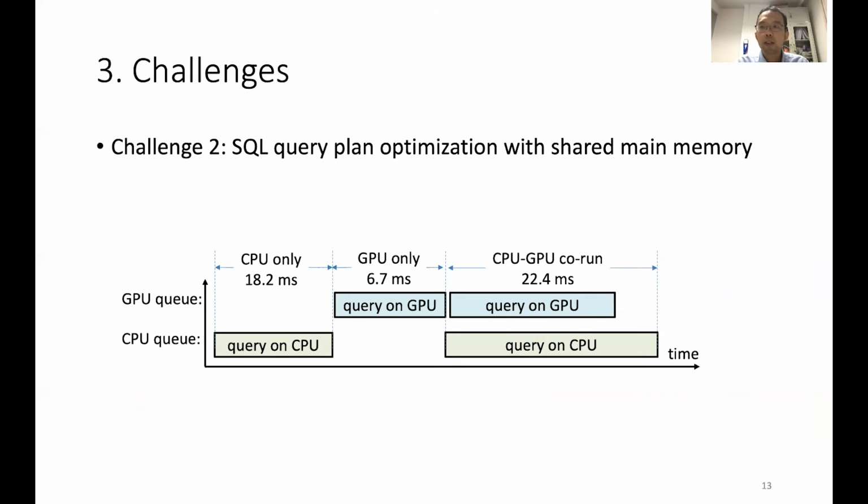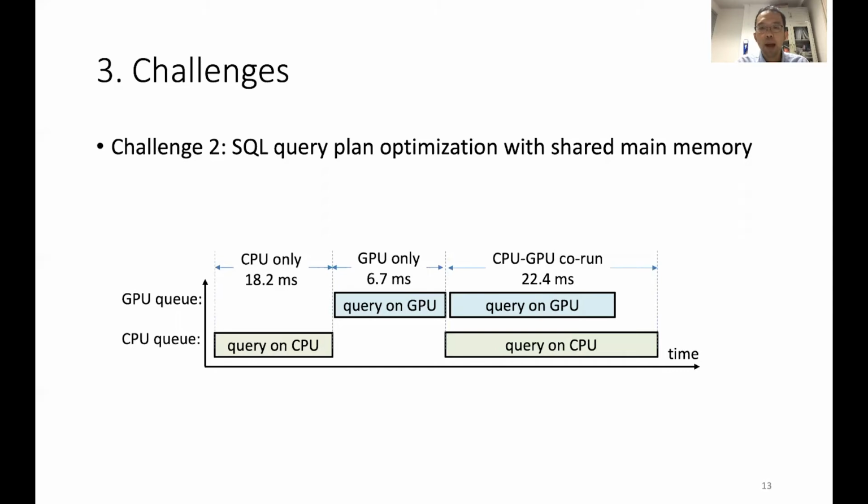The second challenge is SQL query plan optimization with shared main memory. First, a SQL query in stream processing can consist of many operators, and the execution plan of these operators may cause different bandwidth pressures and device preferences. Second, in many cases, independent operators may not consume all the memory bandwidth, but co-running them together could exceed the bandwidth limit.